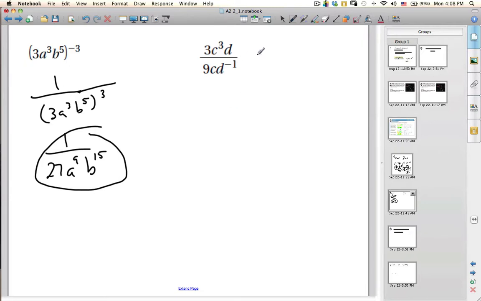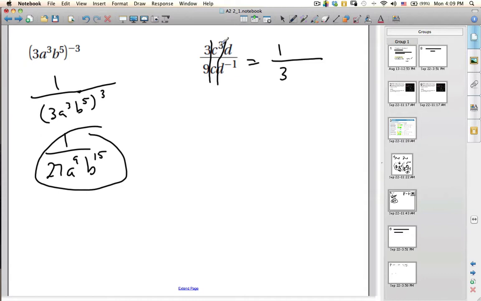Okay, over here we're going to work with simplifying some things. You'll notice that I've got coefficients, a variable of c, and a variable of d, and I'm going to deal with them individually. 3 goes into 9 3 times, so that part simplifies to be 1/3.